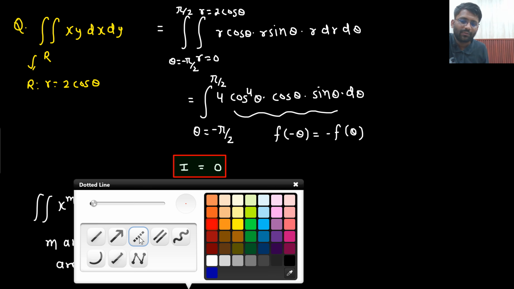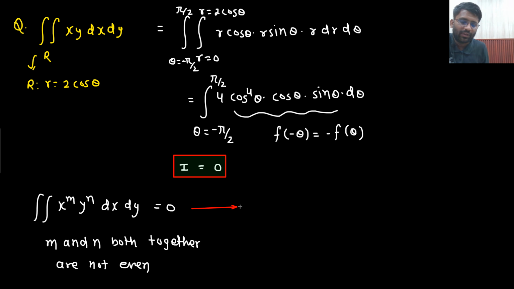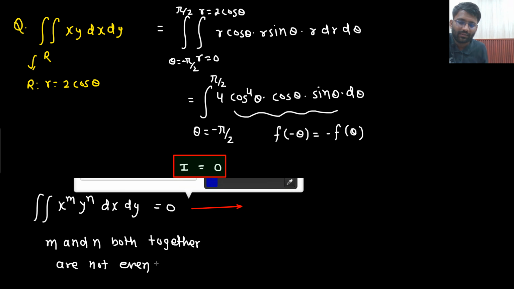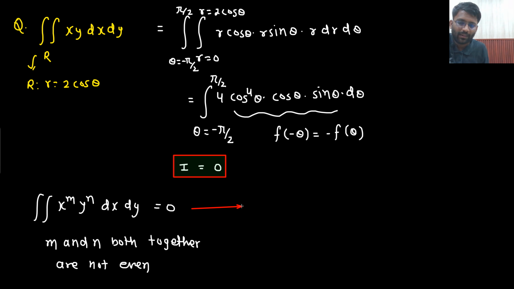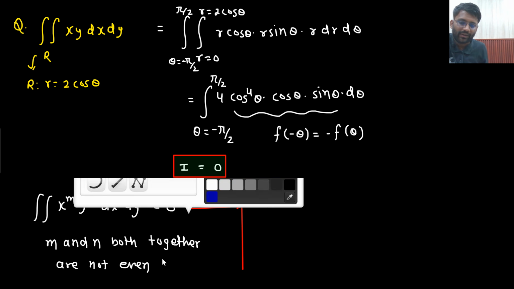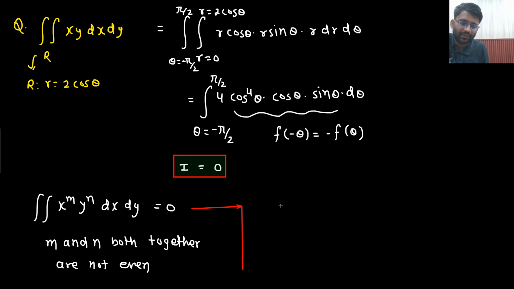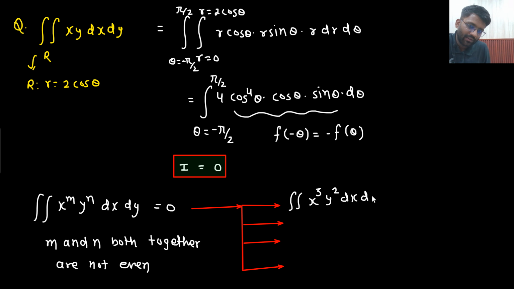What do I mean by this? You calculate all these values. You take x to the power 3, y to the power 2, dx dy. One is odd, the other one is even, so it will come out to be 0 only.